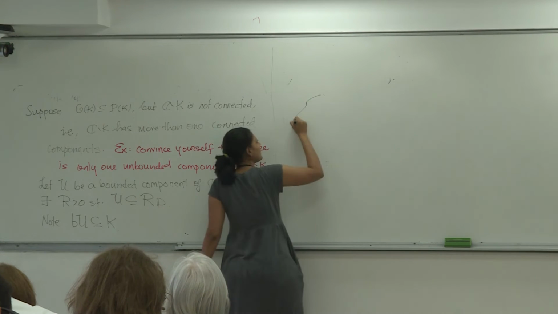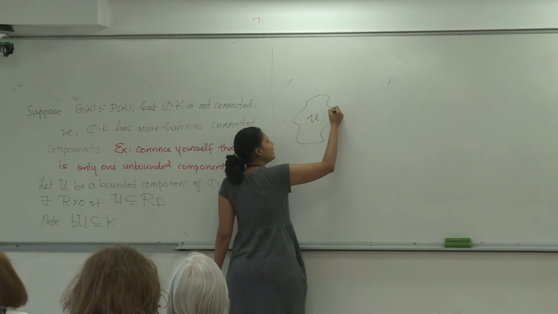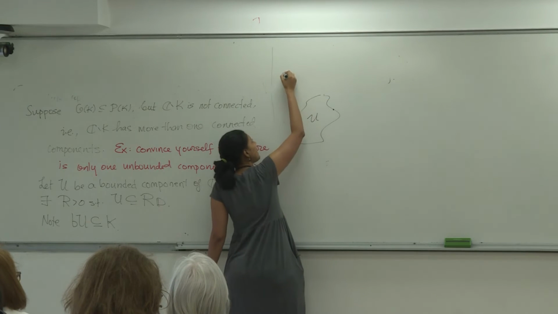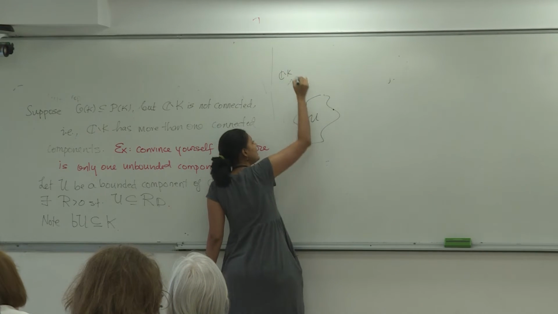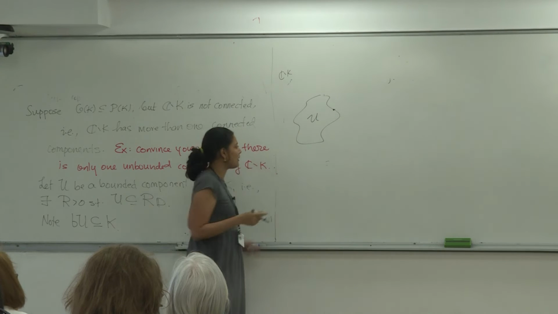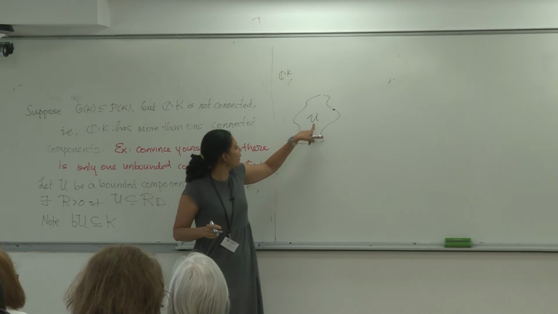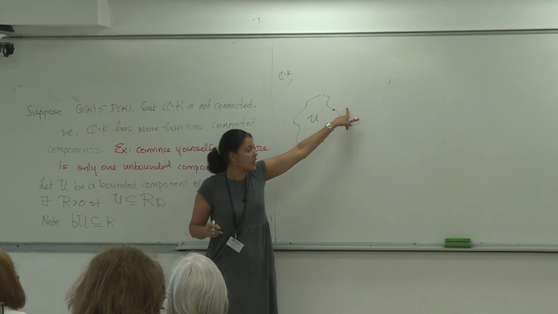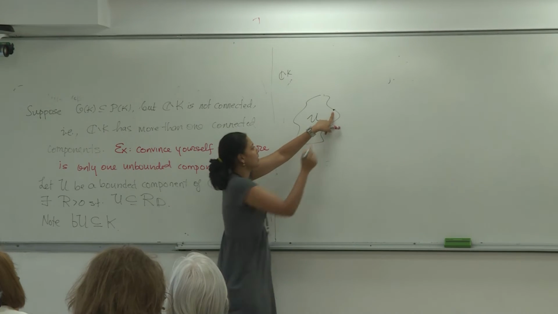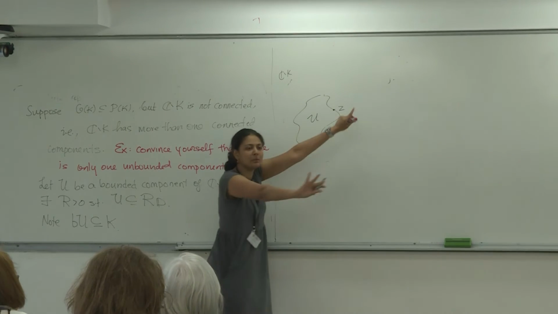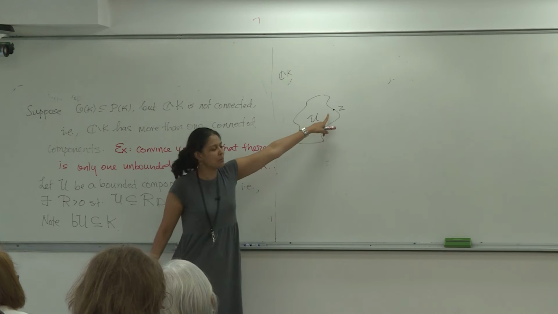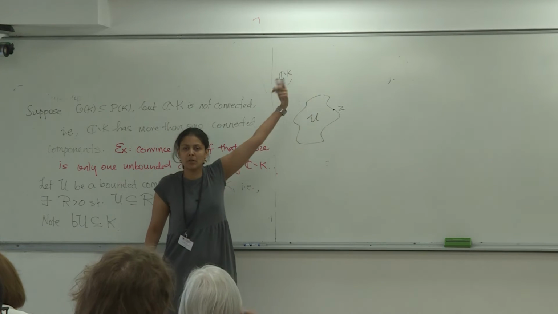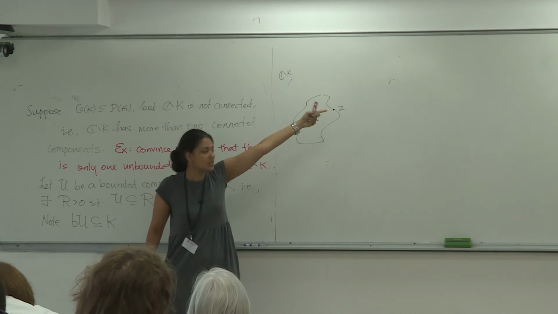So I have this bounded component U, a bounded component of C minus K, and I take a boundary point. A boundary point is something which is a limit point both of U and of the complement of U. Suppose Z, and I'm only going to say this argument verbally, I'm not going to write this down. Suppose this point is not in K. Remember, K is a compact set, so it's closed.